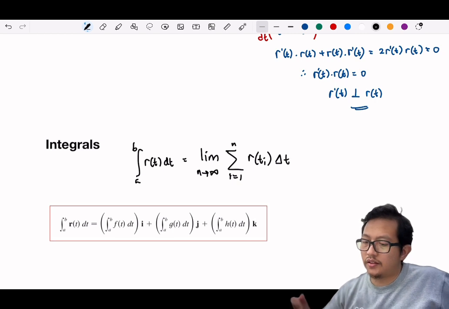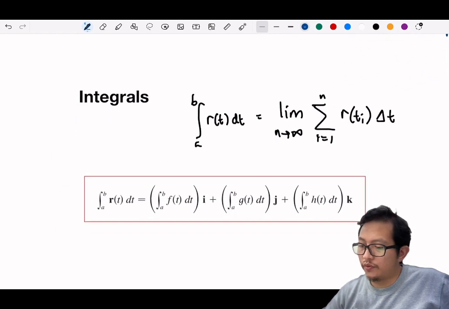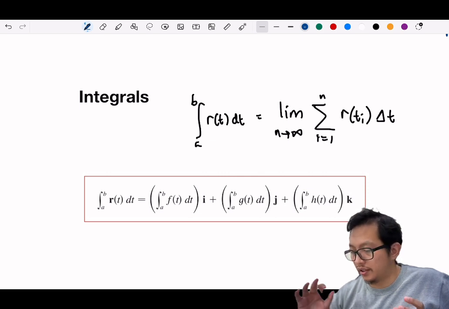So this mirrors the definition of the integral from calculus 1, and then we move this into vector functions, which gives you the idea that whenever we have an integration of vector functions, we could integrate each one of them for every component of x, y, and z.